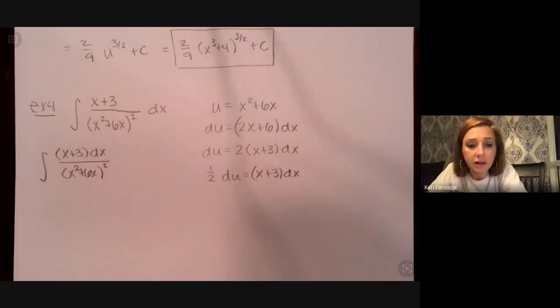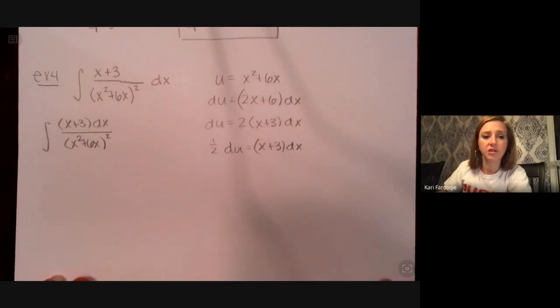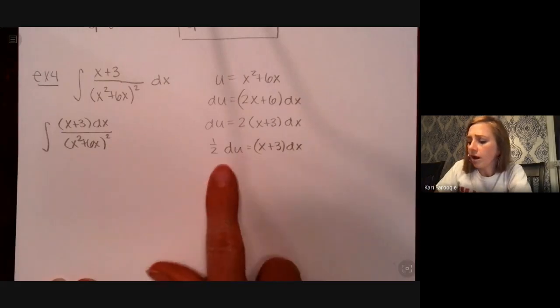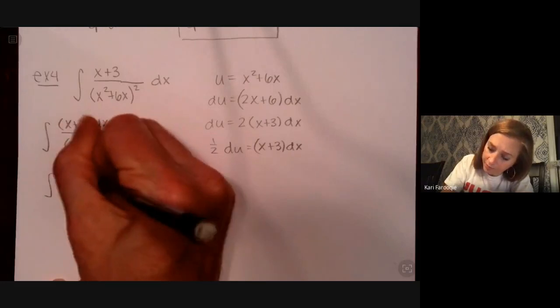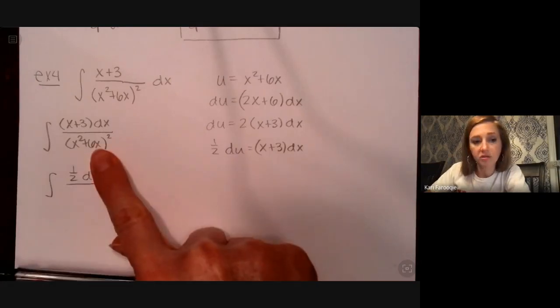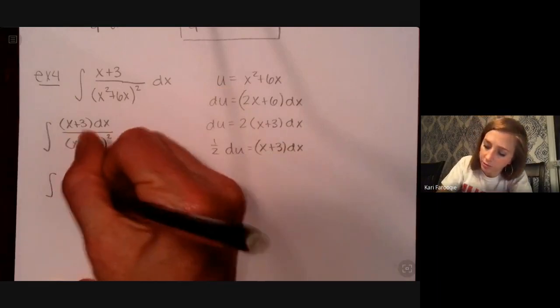But if you find that helpful for making your substitution, then do it. Sometimes it's easier just to have dx in the numerator, so you can see the substitution more clearly. So 1/2 du gets substituted out in the numerator. And then in the denominator, we have x squared plus 6x quantity squared. Well, that's u squared.